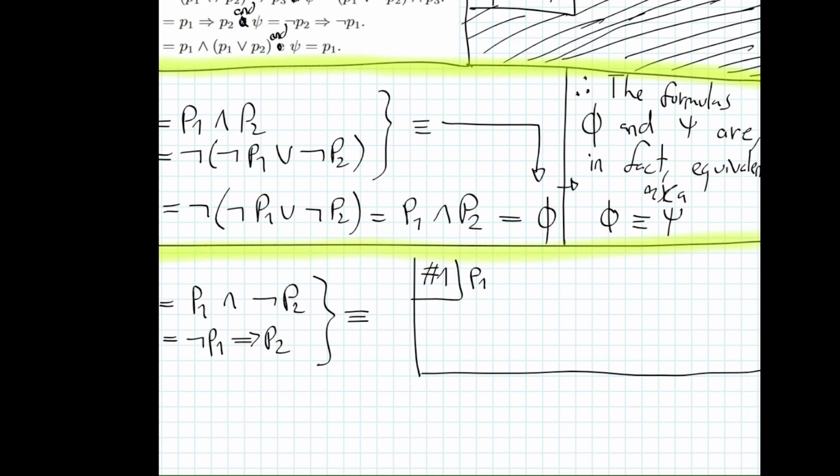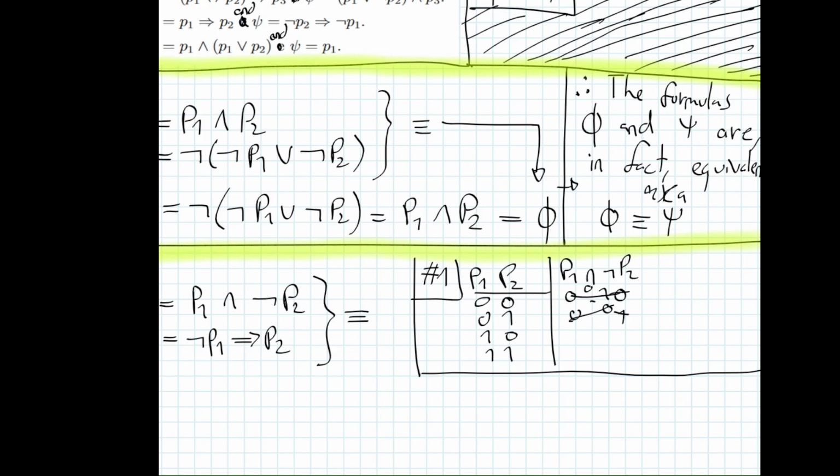Okay, so P1 and P2, let's do their table. Next up, we want P1 conjunction with negation of P2. For 0, 0, we know that the negation is 1 and the conjunction results in 0. For 0, 1, we get 0. Let me be less hasty here.